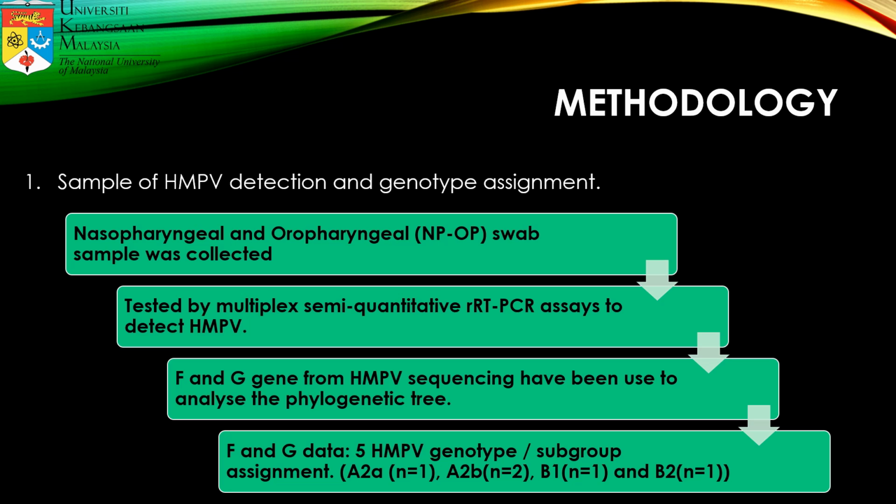Then they generated the subgroups, which are A2a, A2b, B1 and B2.